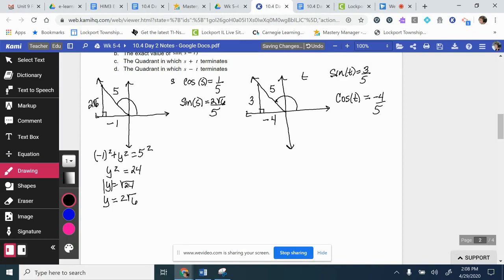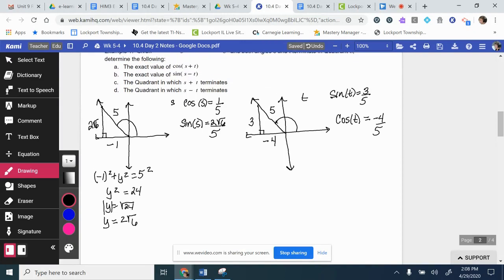And now we're going to get our identity from yesterday. So the cosine of s plus t is the cosine of s times the cosine of t, subtract the sine of s times the sine of t.